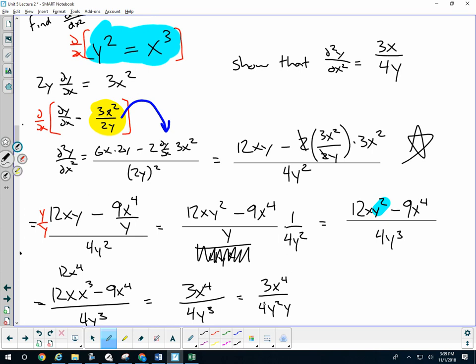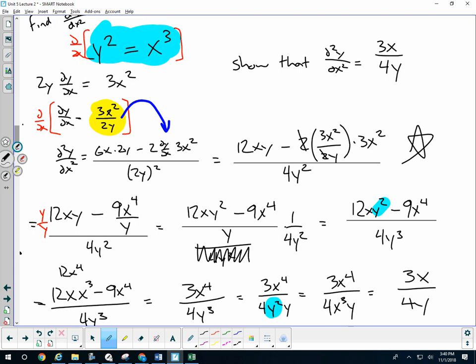Y squared times y is y cubed. And then I can replace the y squared with an x cubed, just like I did before. I get 3x to the 4th over 4 x cubed y. 3x's cancel. You get 3x over 4y.